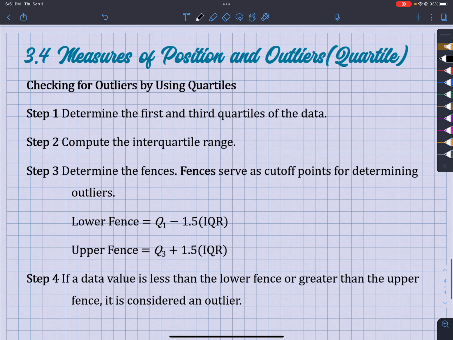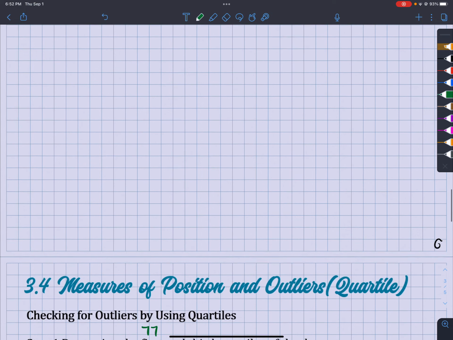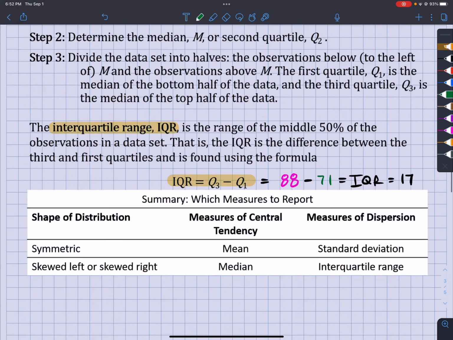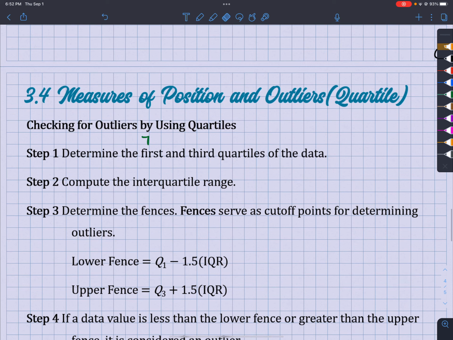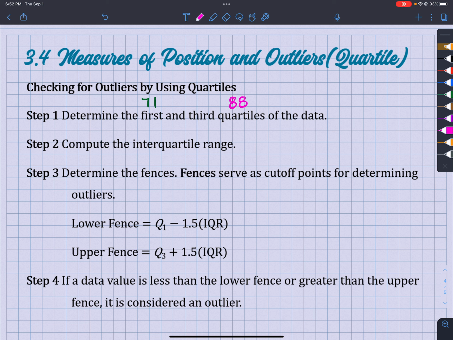On we go. So, outliers and quartiles. Determine the first and third quartile, which we got. The first quartile was 71. The third quartile was 88. Compute the interquartile range.